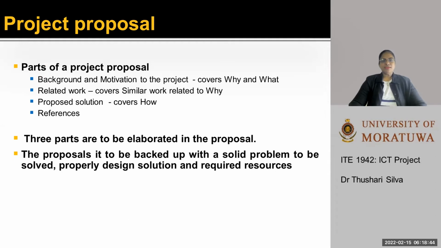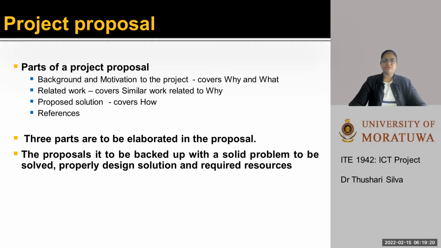Now let's look at the parts of a project proposal. A project proposal is a document that covers the case you want to make. In that document, you need to write certain facts and ideas, and organize them under several components. Those are called parts of a project proposal. Any project proposal comprises many different components.